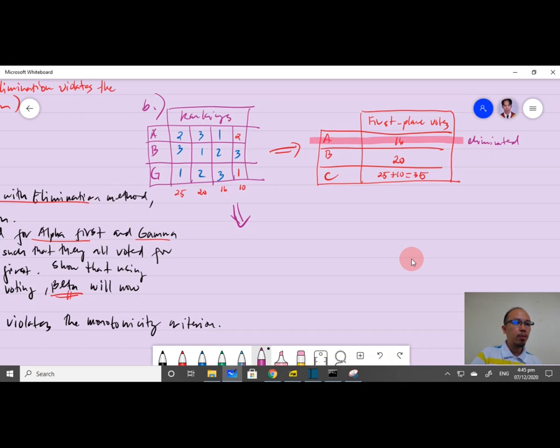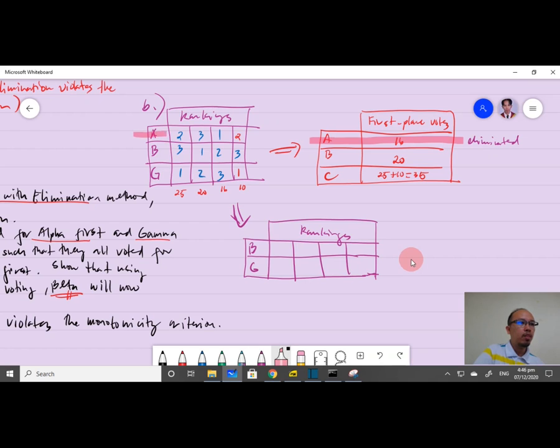Okay, so we have beta here and gamma. Okay, make a new table, and then we have rankings here, rankings. So we have to change. Okay, so we are going to eliminate this one, that one.